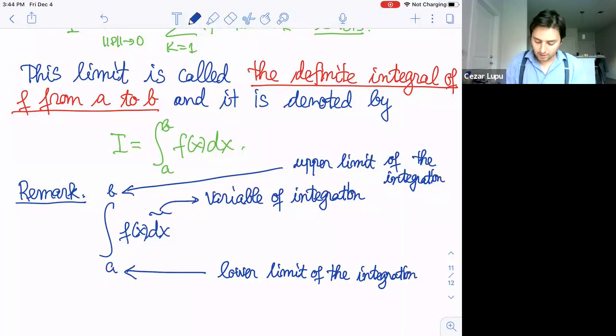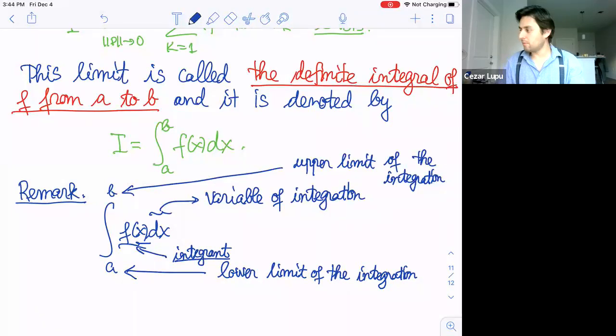And this is the integrand, the function. That's what you need to know about this. Anyway, it's much more subtle than this, but that's what you need to know.